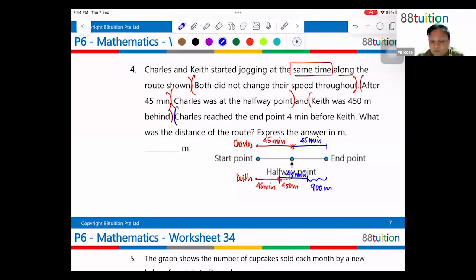And Charles reached 4 minutes before Keith.